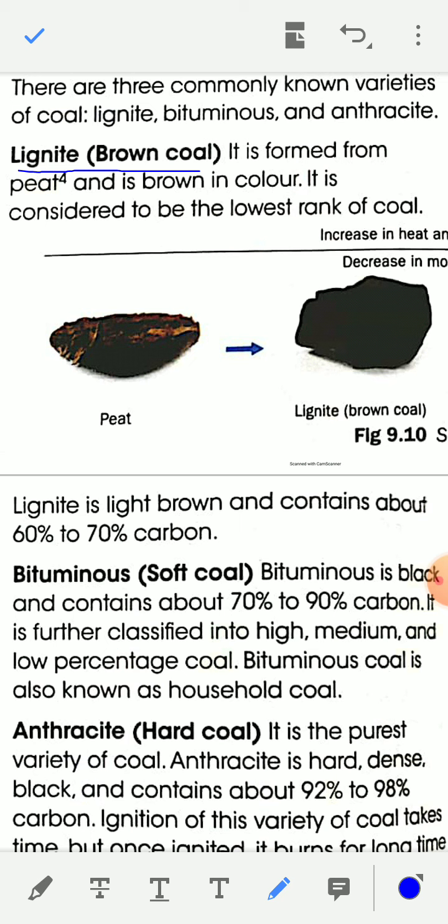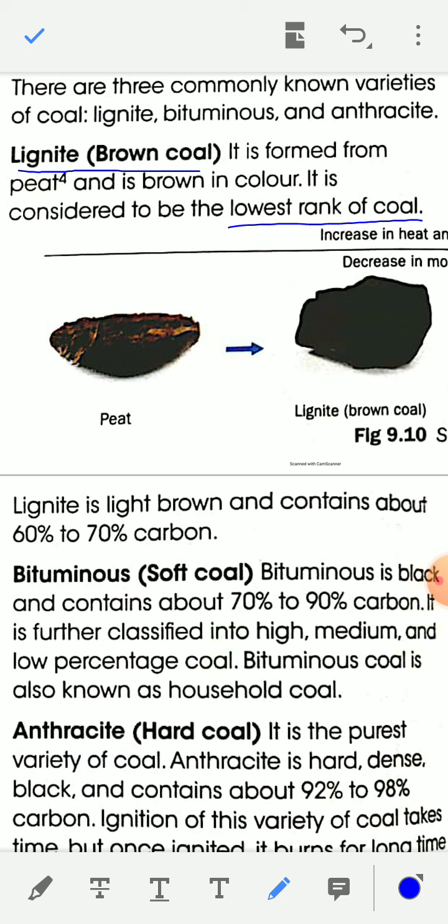First, lignite coal or brown coal. It is formed from peat and is brown in color. It is considered to be the lowest rank of coal.